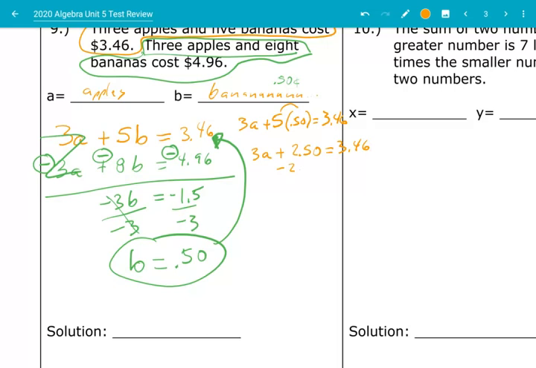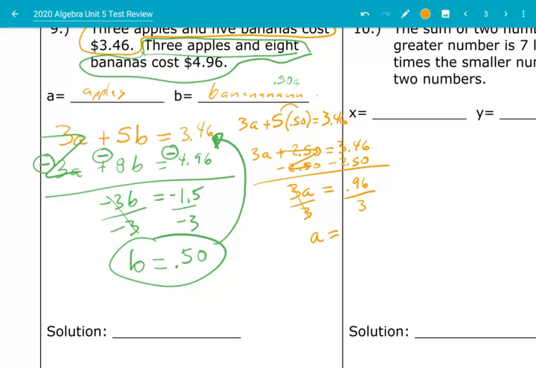Subtract 2.50 from both sides. We have 3 apples equals 3.46 minus 2.5 equals 0.96. So that's 3 apples, but we want the cost of 1 apple.